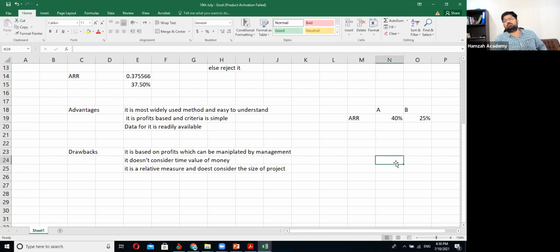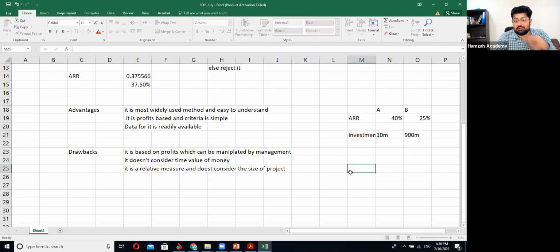Which one should be chosen? ARR is higher for A, so A should be chosen. But the problem is that how much profit and how much investment is to be made, they are not telling us. For example, if investment here is 10 million and here investment is 900 million, ARR is not telling us this. The amount of profit, they are not telling us.